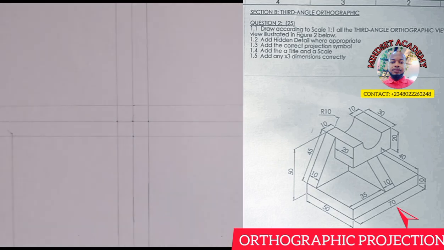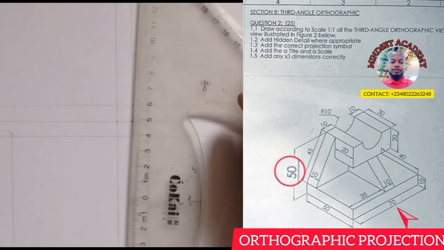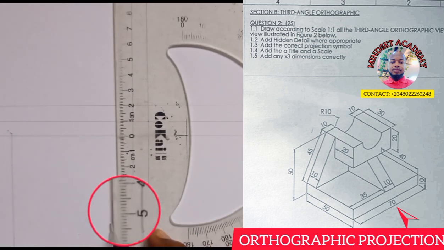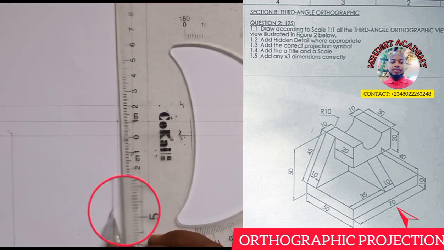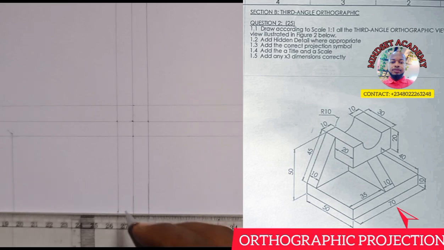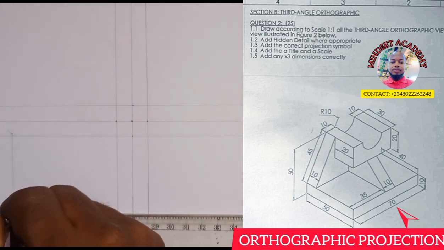Then the height is given to be 50 also. So I'll measure 50 as my height, from 0 to 50. And I'll close it up, paint line.